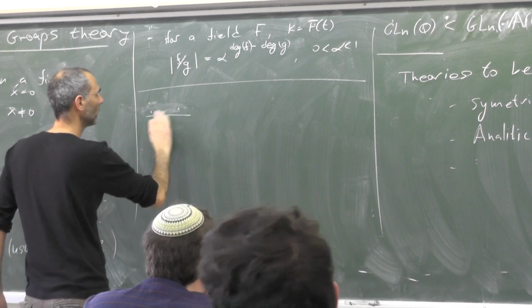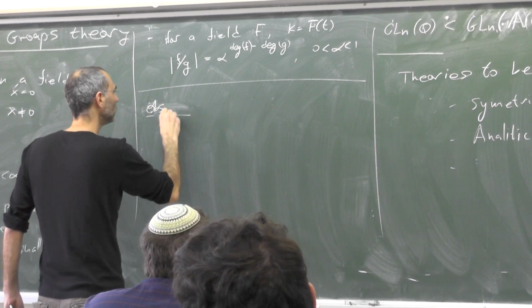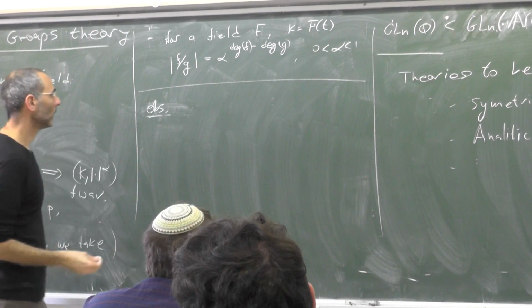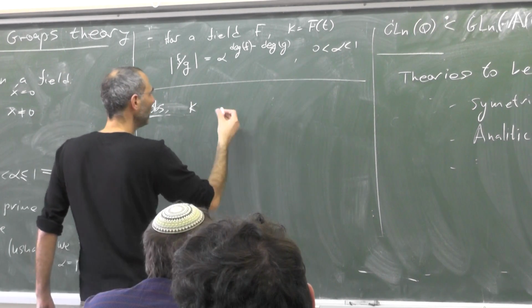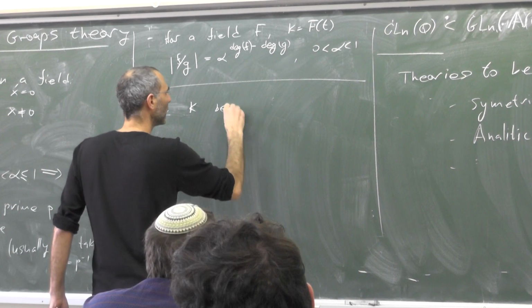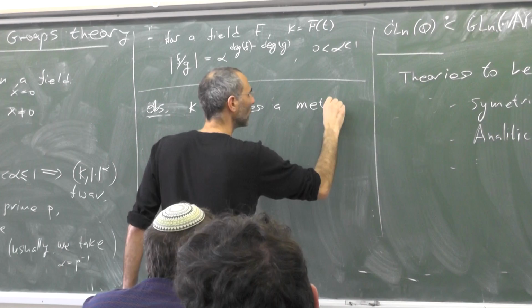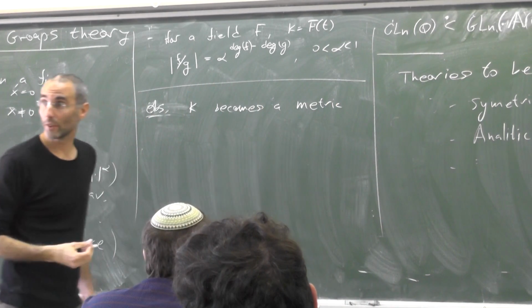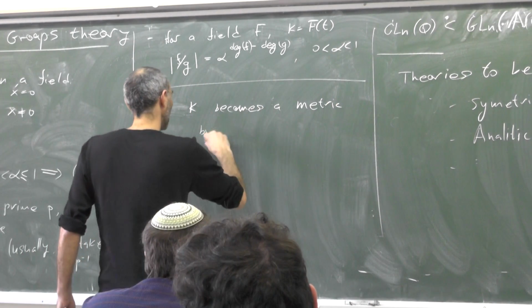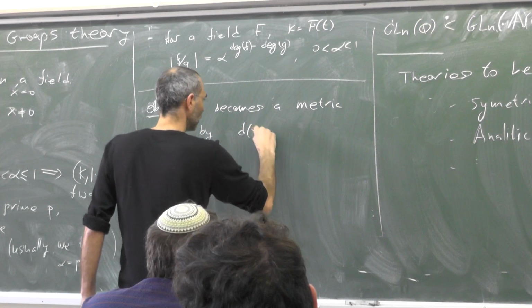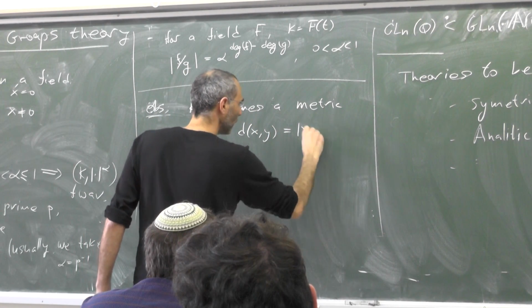Or maybe an observation: K becomes a metric space, a topological space, by the obvious distance given by that absolute value.